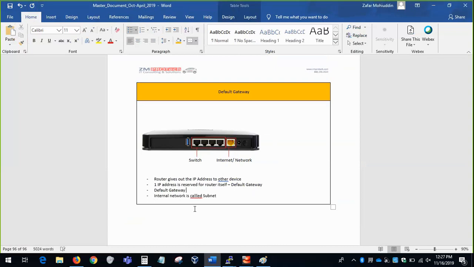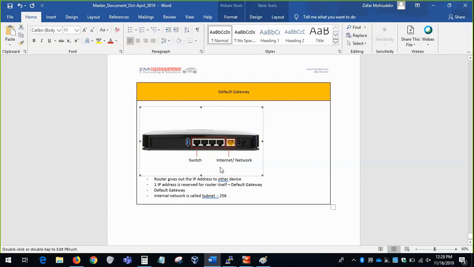Okay? So you have a big organization and they have thousands of computers. The most they could have is 256 computers on one subnet. Each subnet is managed by one router. So if you take this router and plug it into your big corporation, which has thousands of computers, this router will work very well, managing up to 256 computers.